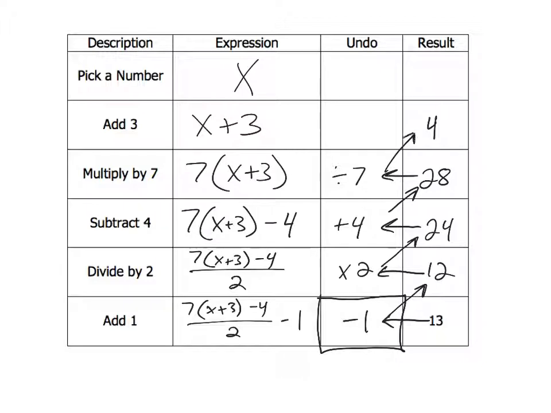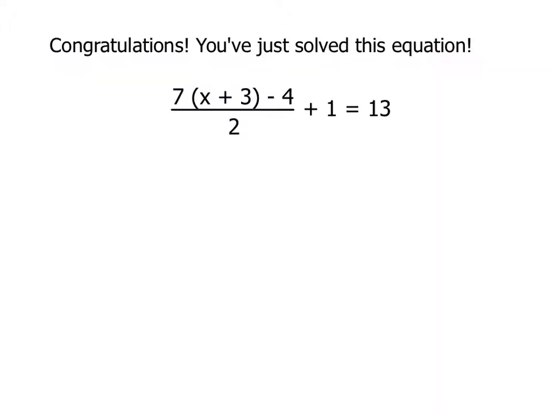How do you then undo add 3? Well, we're going to subtract 3. And 4 minus 3 is 1. And in this undo box up here, we'll put a happy face because we found our answer. So think about what you just did. By knowing the undoing steps, you just solved this equation.